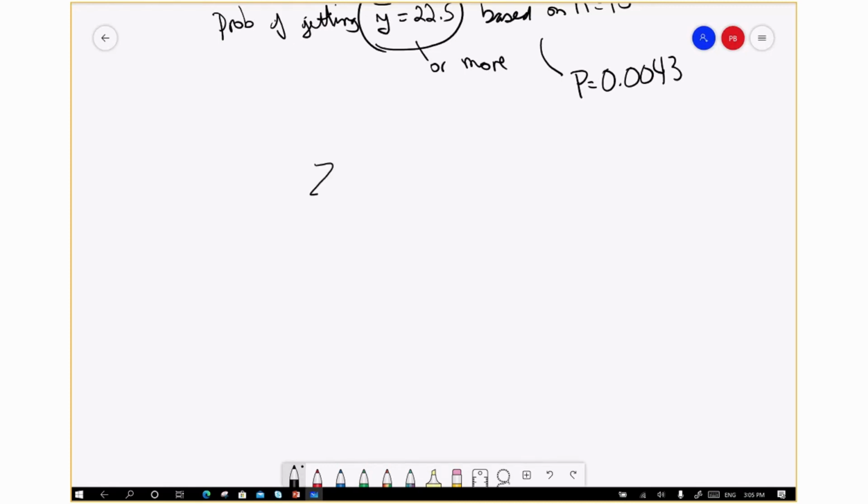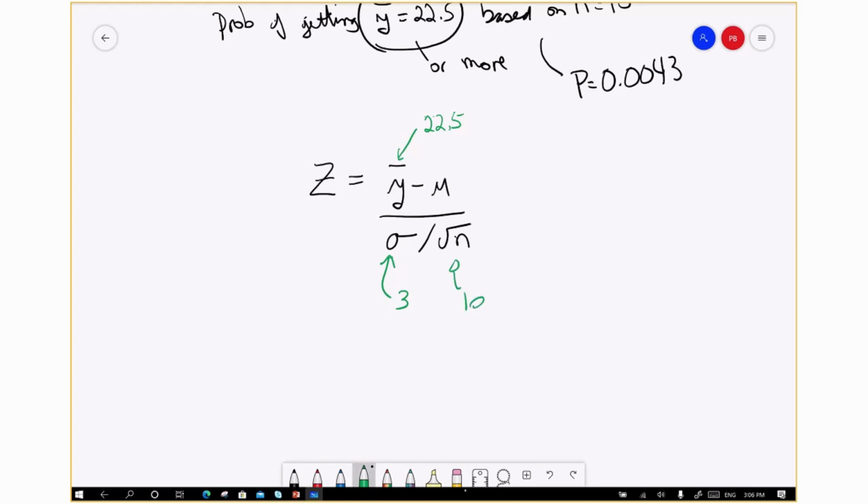I said Z was equal to Y bar minus mu over sigma over root n, and that this was going to be 22.5. We know that. We're dealing with a scenario now where we're going to assume that sigma is known. We're going to assume that it's equal to 3. Obviously, we know the sample size, and that's 10.